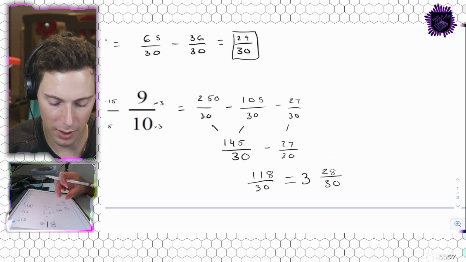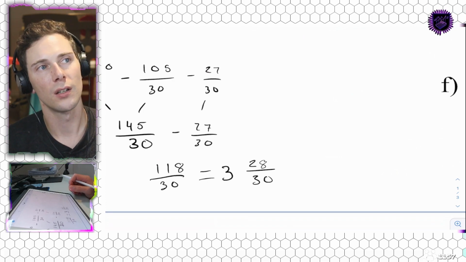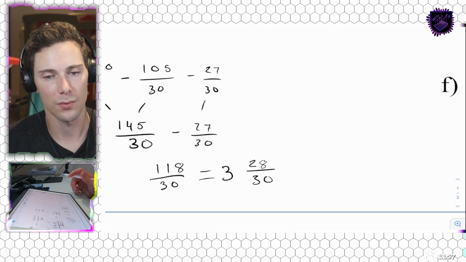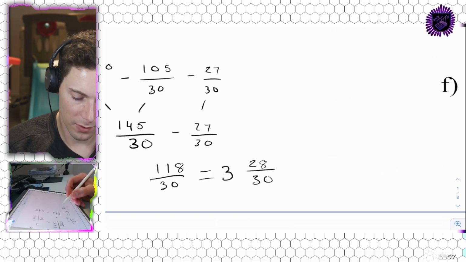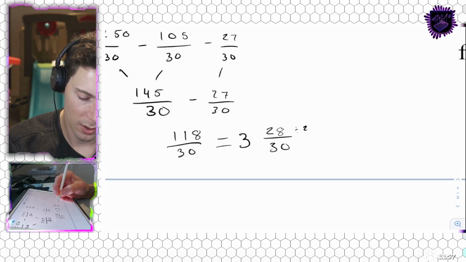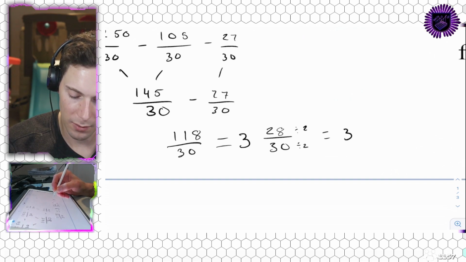And then the greatest common factor of 28 and 30 is 2. Divide by 2. Divide by 2. So this is going to be equal to 3 and 14 15ths.